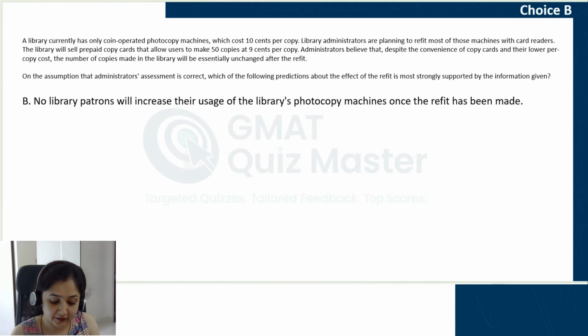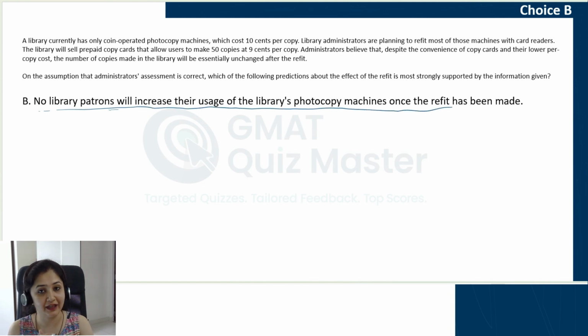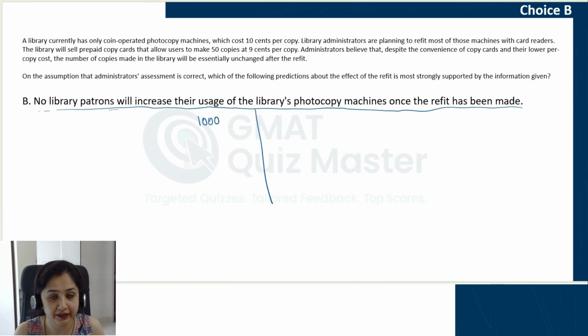Choice B. No library patrons will increase their usage of the library's photocopy machines once the refit has been made. Now, again, why would that happen? Let's understand with an example. We know that the number of copies has not increased. Let's say it was 1000 earlier and it continues to be 1000 now.